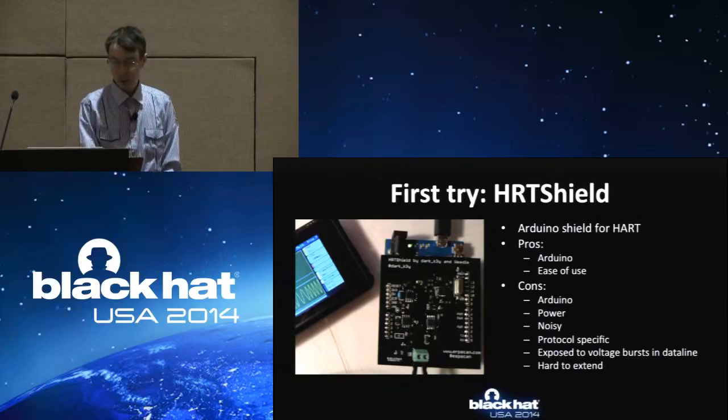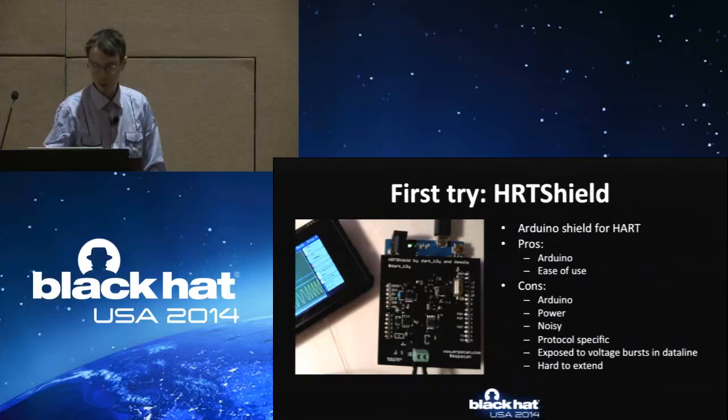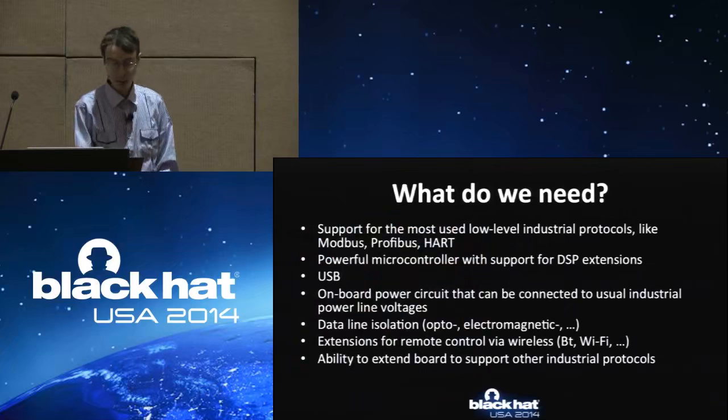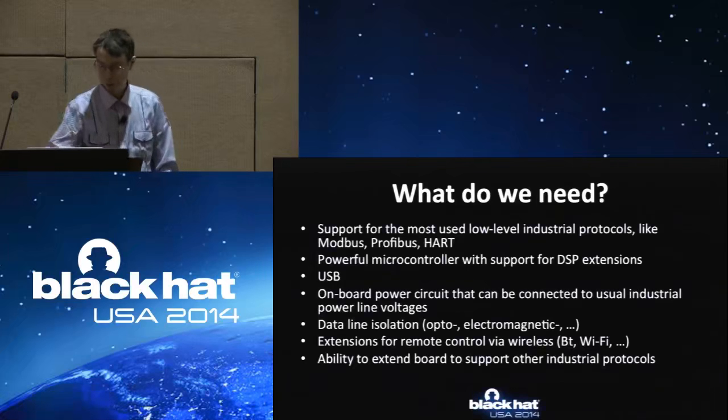Also, I thought that it would be cool to have an autonomous device that can be powered from the data line itself and remotely controlled. So I've summarized all ideas in one list. The list is on the slide, and I started the development, and this is how ICSCorsair was born.